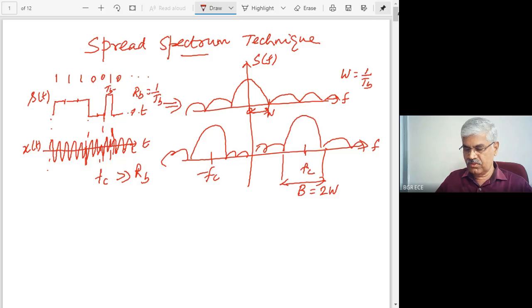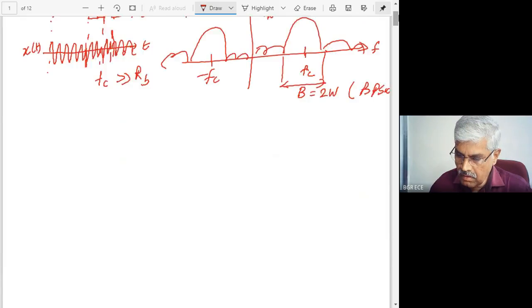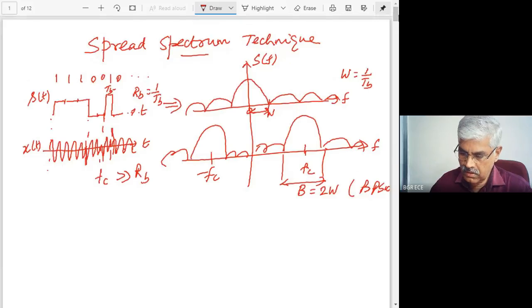So for BPSK, it is 2 times W. So this is the RF bandwidth, this is the baseband bandwidth.